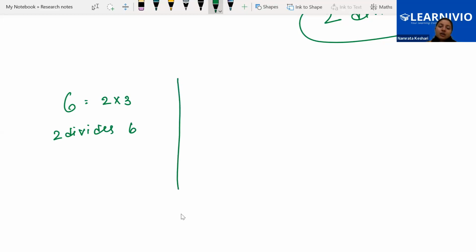Yes, ma'am. Similarly, if we have any other number, let's say 24, we can do the factorization of 24: 2 into 2 into 2 into 3. One more 2 will be there, into 3. Like this we can do the factorization, and here also we can say that 2 divides 24.